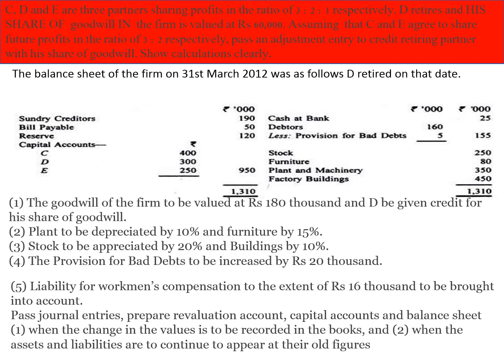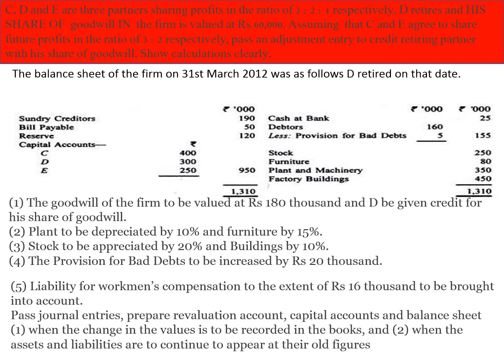So gaining ratio we will calculate: C's gain 3/5 minus 3/6 and E's gain 2/5 minus 1/6. And whatever the gaining ratio will come, we will transfer the goodwill from C and E to D's capital. We will write C's capital account debit, E's capital account debit to D's capital.